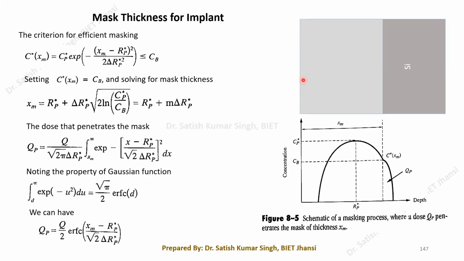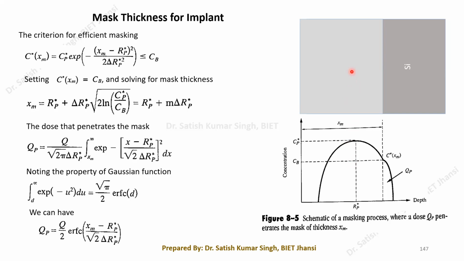After traveling through it, due to different stopping mechanisms, your ion beam is going to stop or get stuck somewhere. First it will get stuck in the mask itself, following this particular doping profile in the mask. What we can see here is its peak is somewhere here.